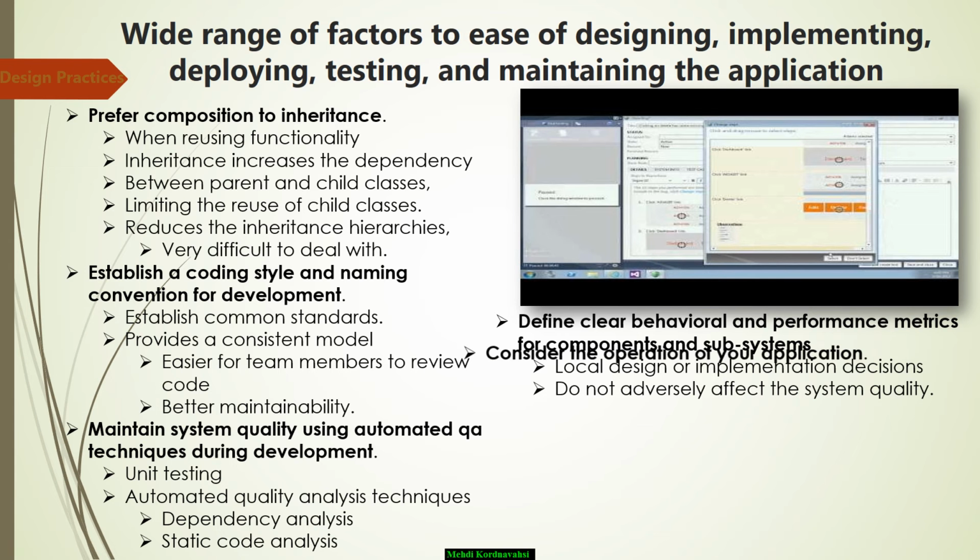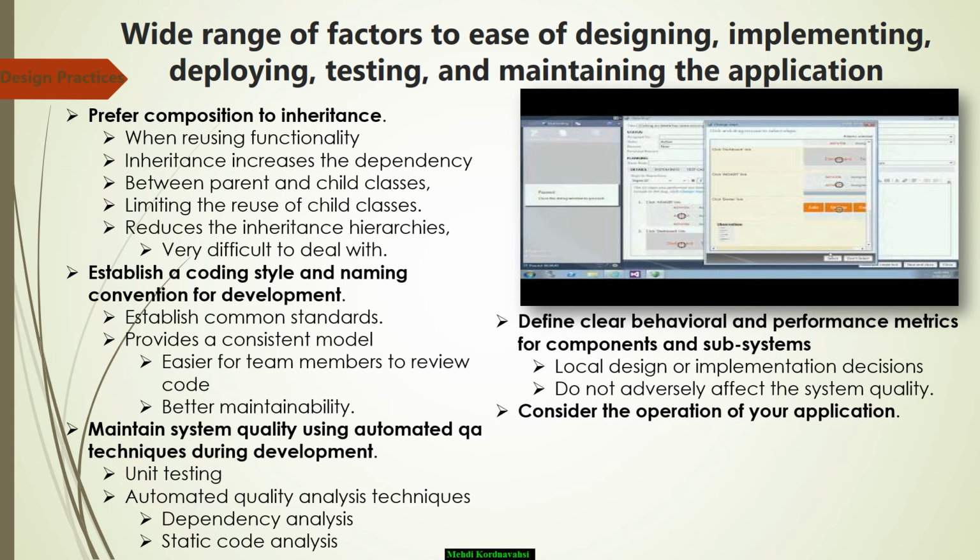The next is consider the operation of your application. Determine which metrics and operational data are required by the IT infrastructure to ensure the efficient deployment and operation of your application.